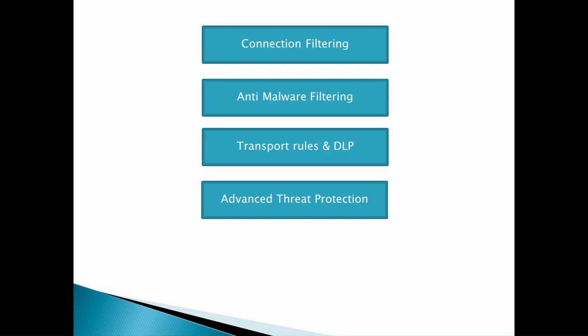In advanced threat protection, safe attachments scans the email for viruses and takes actions as per the policy's configuration. URLs are also scanned in advanced threat protection, and the email can be blocked if the URL is found unsafe.